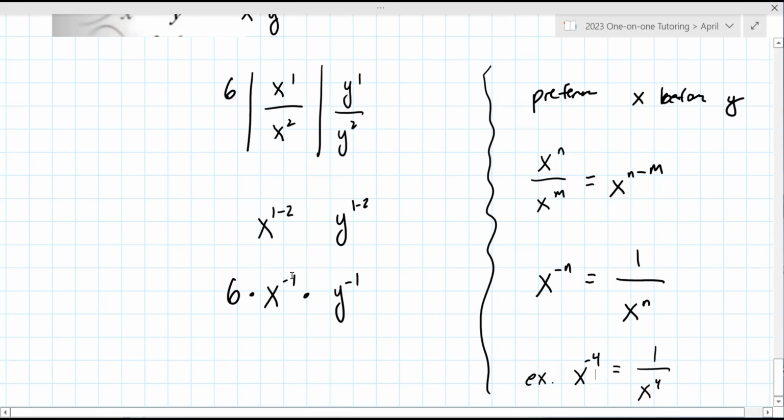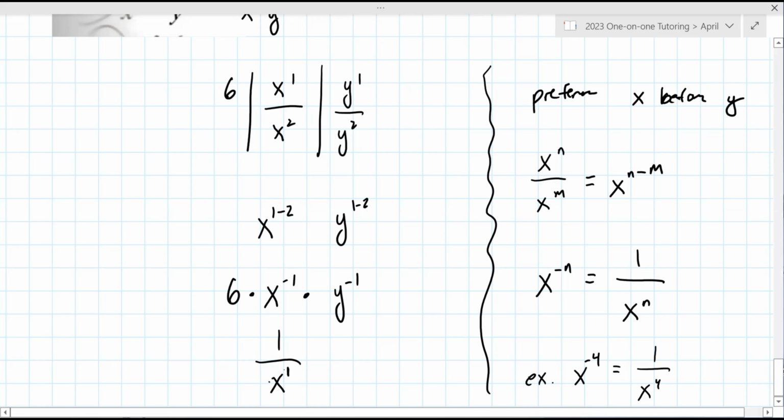So give me the right side of the equation here. What does this equal, x to the -1? How can we rewrite it down here? 1 over x to the 1.